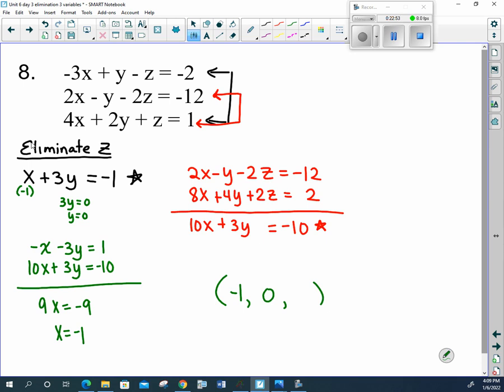So 4 times negative 1 plus 2 times 0 plus z equals 1. So this is going to be negative 4 plus z equals 1. So add 4 and z will turn out to be 5. So there's our triple.